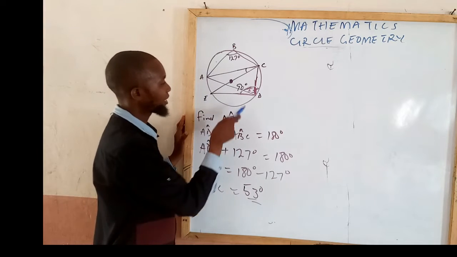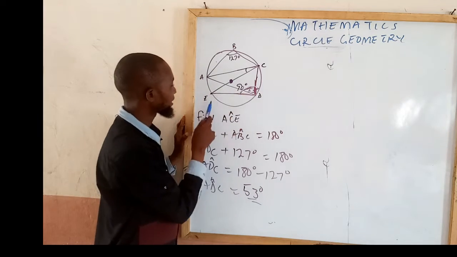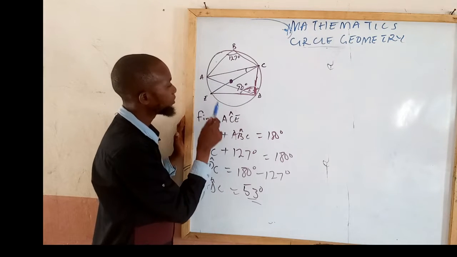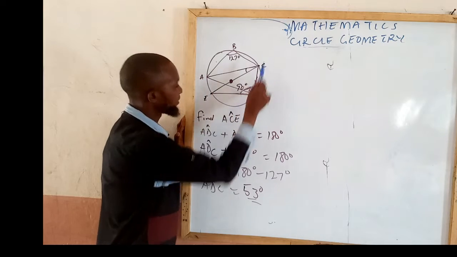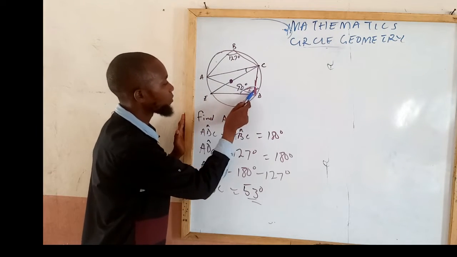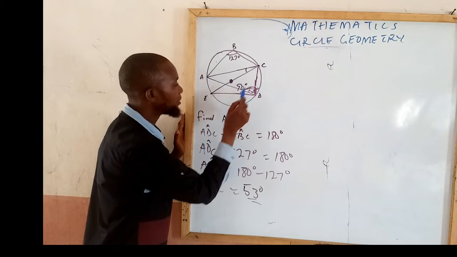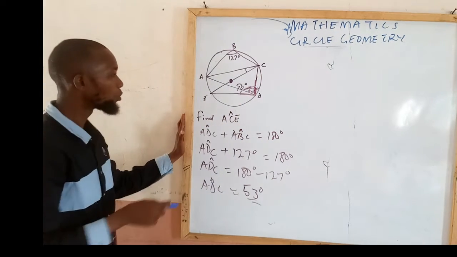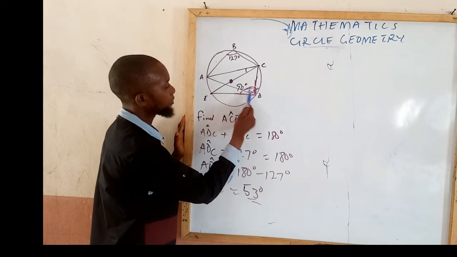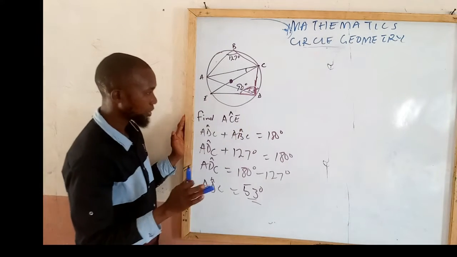In short, angle EDC is equal to EDA plus ADC. Now, since the whole angle here is 90 degrees and part of it is known to be 53 degrees, what is going to be the remaining angle? The remaining angle is determined by subtracting this value from 90 degrees.